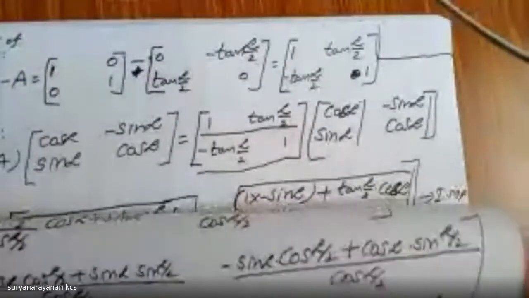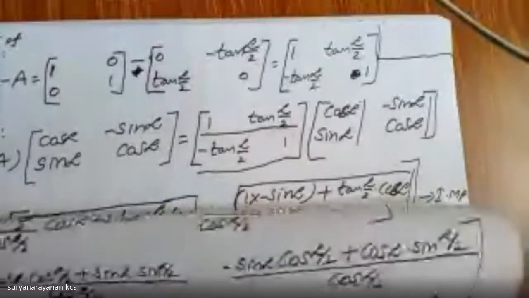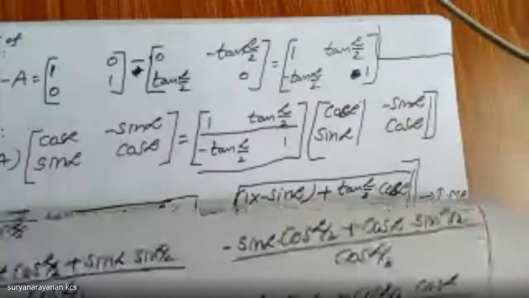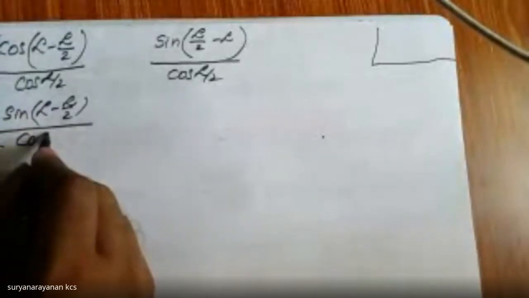Again in the numerator, sin alpha cos alpha by 2 minus cos alpha sin alpha by 2 is also in the form of sin A cos B minus cos A sin B, sin of A minus B. So sin of alpha minus alpha by 2 by cos alpha by 2. Otherwise, here we take minus common.